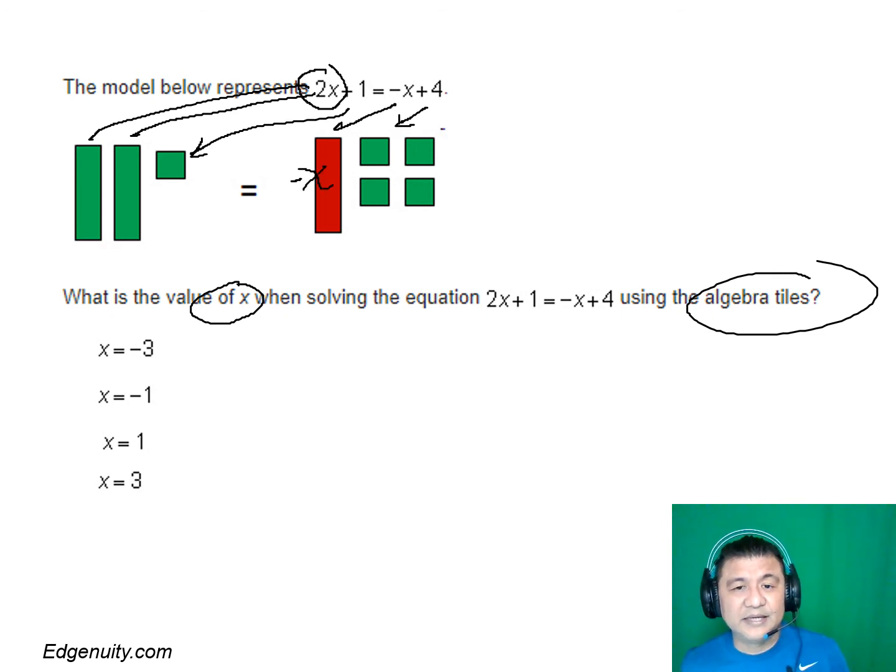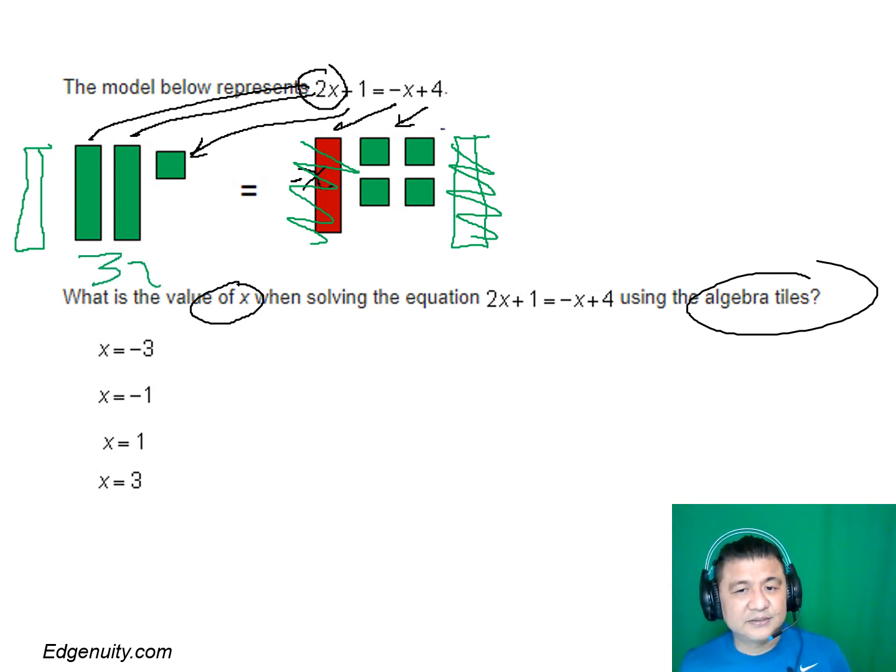How do I get rid of that? I put a positive x there. A positive and a negative will cancel out, but this will become 3x. So let's write it down: 3x plus 1, but this will still have 4.